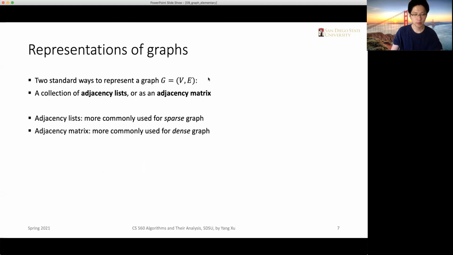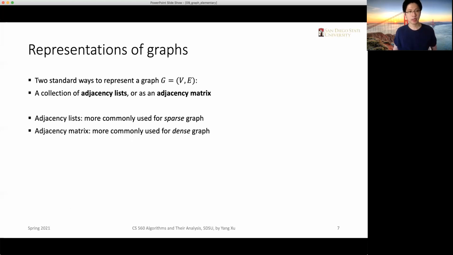Okay. All right, then it comes to one of the questions that I have seen in the chats. It's like, how do we represent the graphs so that we can reconstruct them from the two sets of vertices and edges?